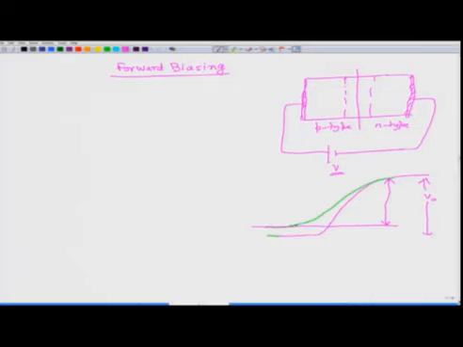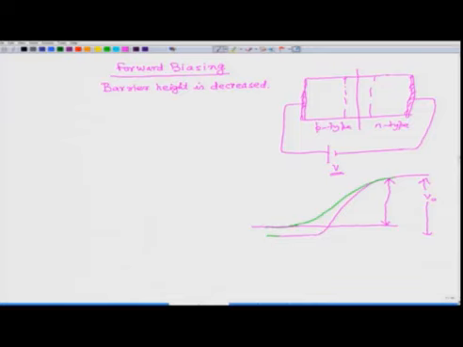And in this forward biasing, the potential barrier height is decreased, and also the width of the depletion region.